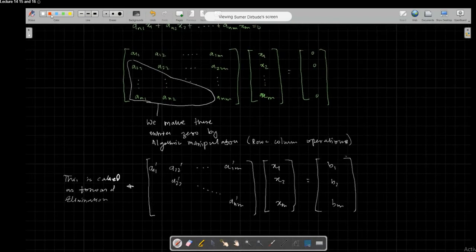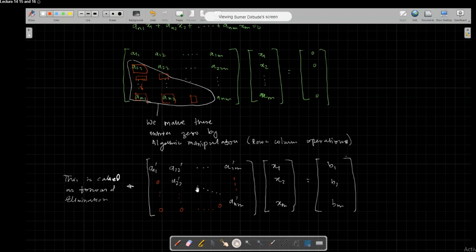First we eliminate, say, this one, then we eliminate the other two entries, then we keep on eliminating the rest of the entries, moving forward. With moving forward, we make all the lower entries 0, and above them there should be values. This is called forward elimination.